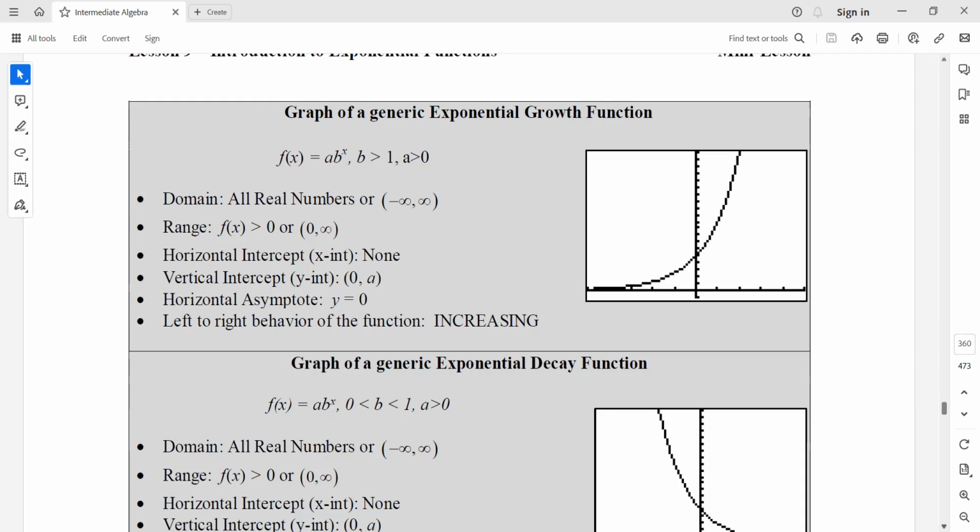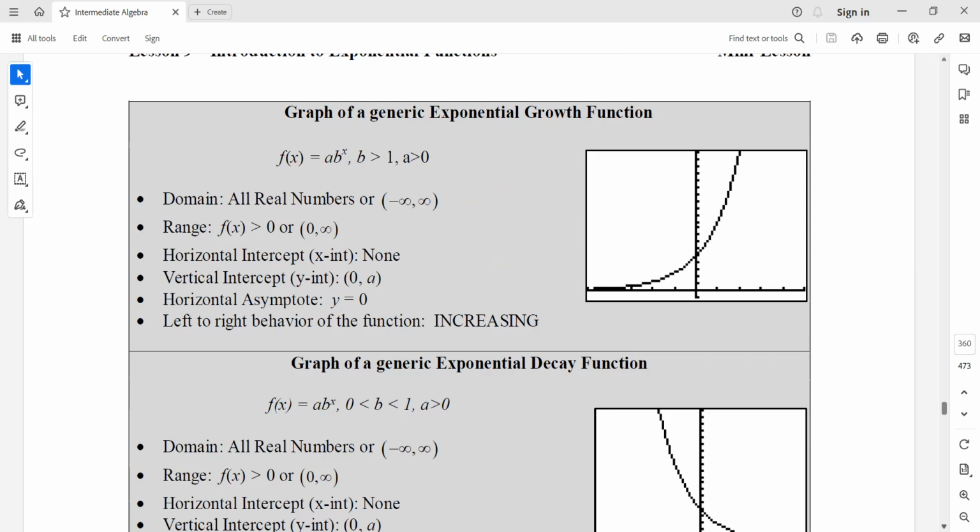Now, the domain is all real numbers. And then our range is going to be f of x or y is greater than 0. That is 0 to infinity. It's greater than 0. Remember, it's not greater or equal, right? It's just greater. So you have parentheses for both sides.